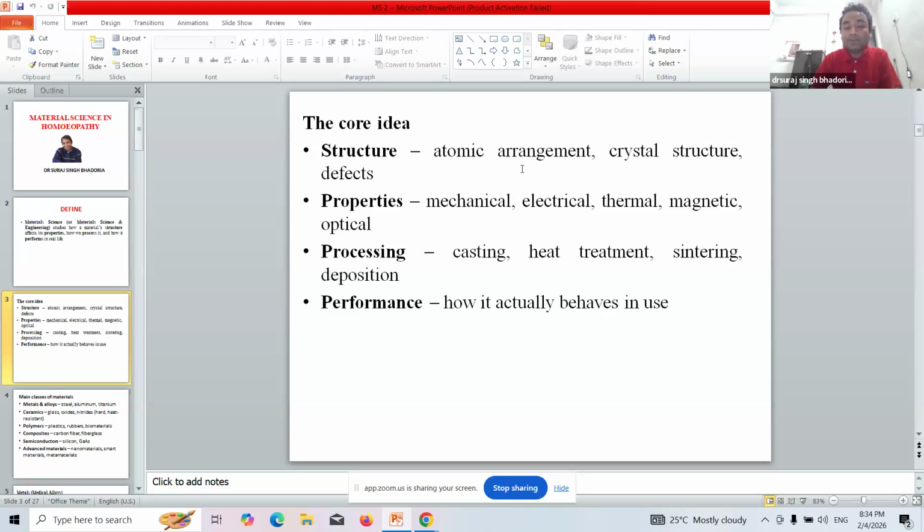The second is the properties. When we talk about the properties, we always have the mechanical action, the electrical property, the thermal property, the magnetic property, the optical density. So this is all about the properties of material science. The third one is the processing: the casting, the endothermic reaction, the exothermic reaction, the synergistic reaction, the deposition.